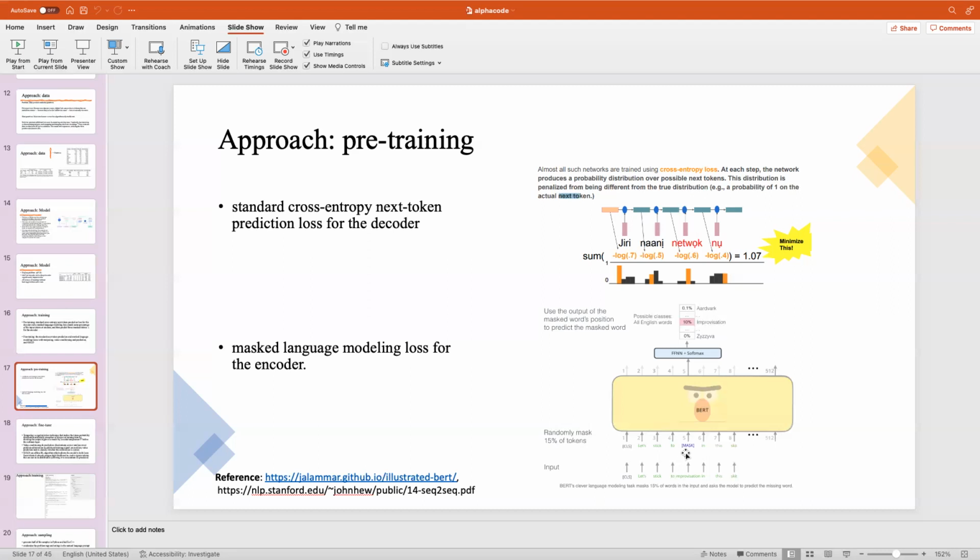We feed the whole sequence into BERT and ask it to recover the original sequence, and we use the difference between the original sequence and the generated sequence as the masked language modeling loss. So these are the two losses in the pre-training phase. Here are also two references I find useful if you are interested in language modeling or BERT.